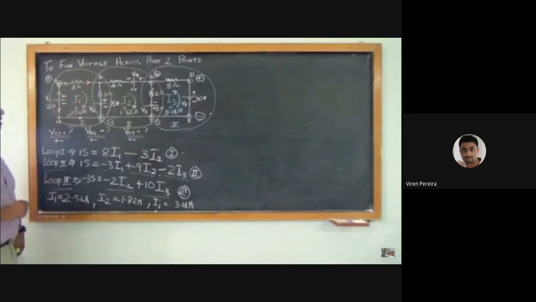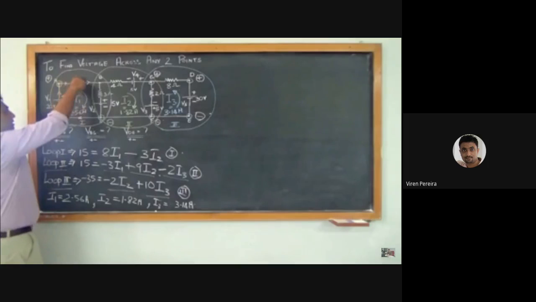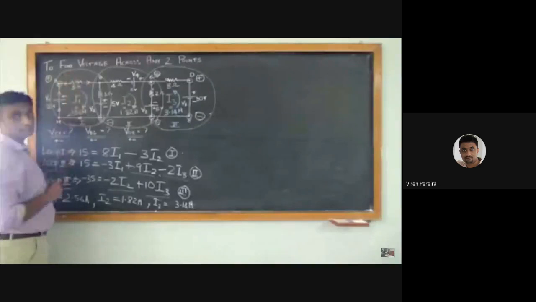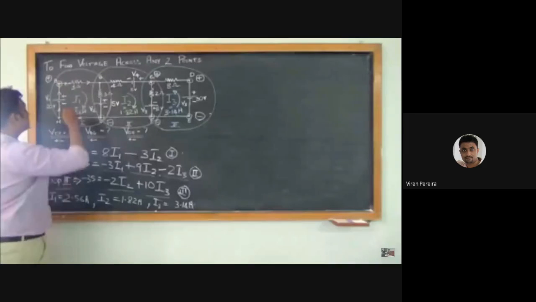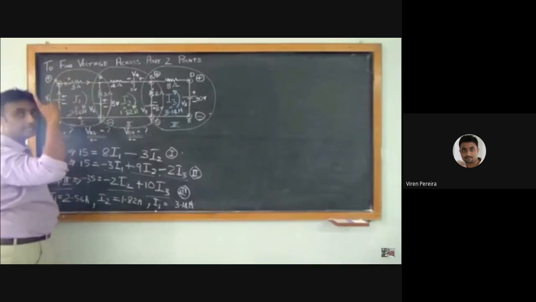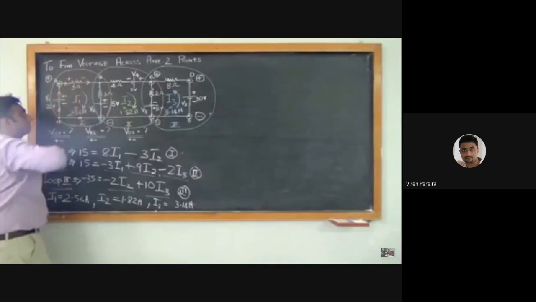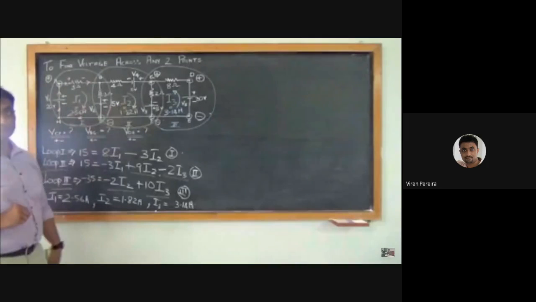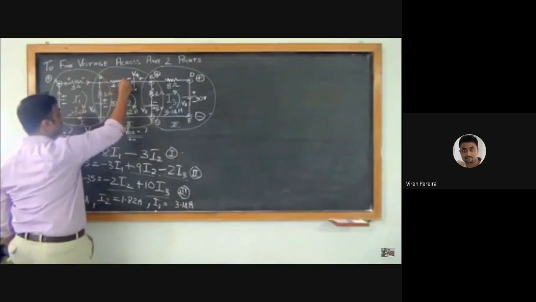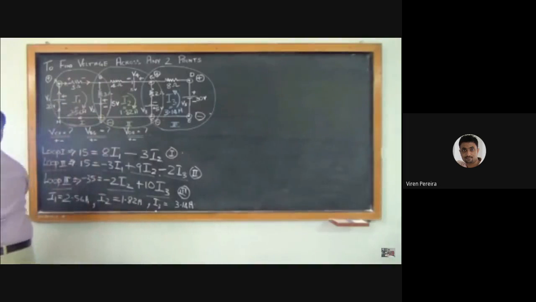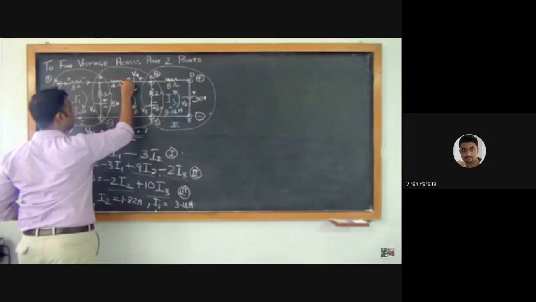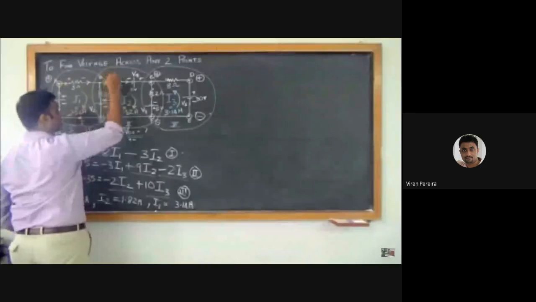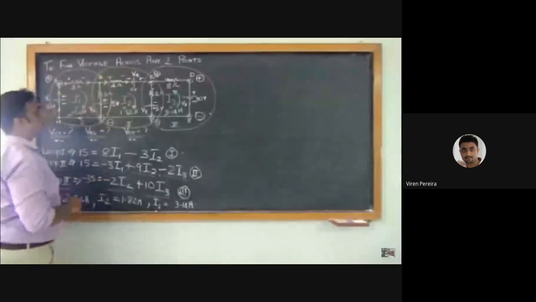So if this is I1 and this is my direction, the first terminal that my current touches of any resistor becomes positive, and the second terminal becomes negative. So this is how the polarity is assigned. Then in I2, the first terminal it touches becomes positive, and the second terminal it touches becomes negative.